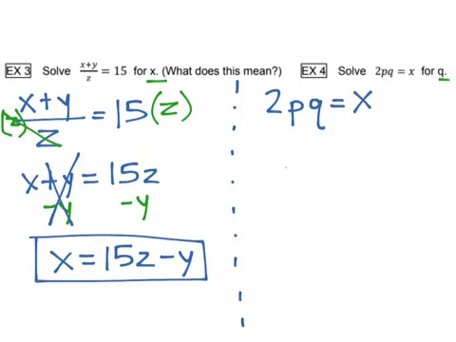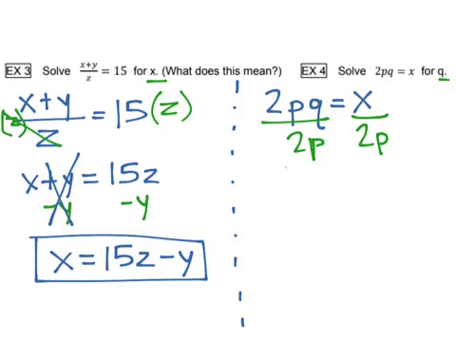You could do this in 2 steps and say divide by 2 first and then divide by p second, and both of those would 1 out. Now, I wrote them both there in the same step because I know that they're both being multiplied, and I'm going to do both of them either way. So I'm just going to leave those there, and we're going to divide both sides by 2p.